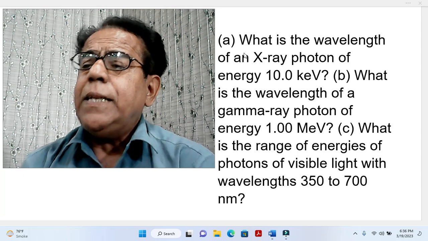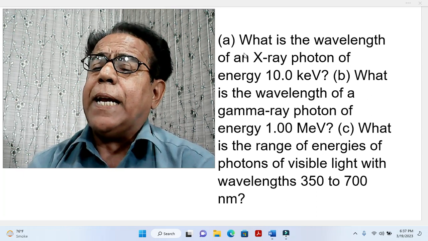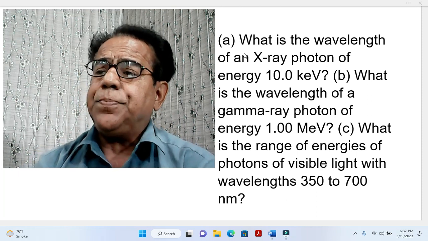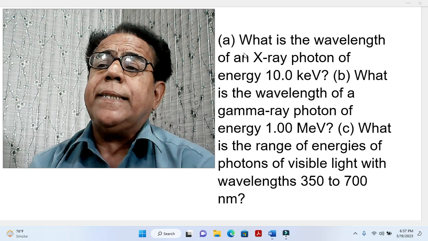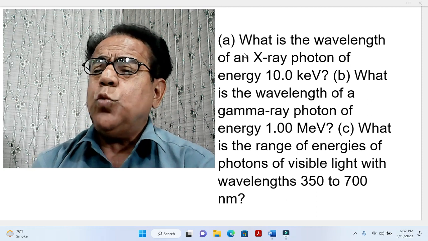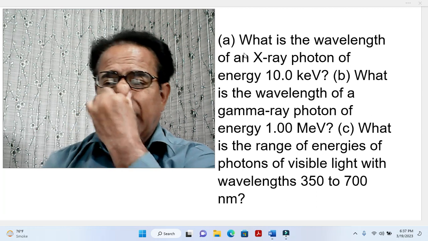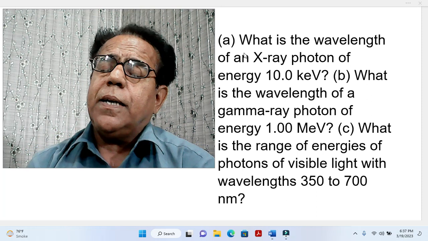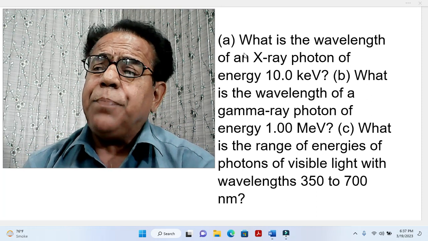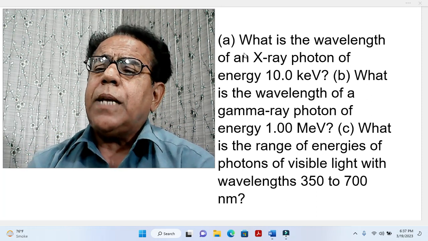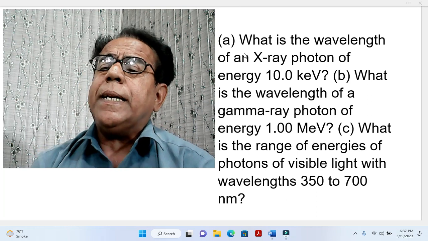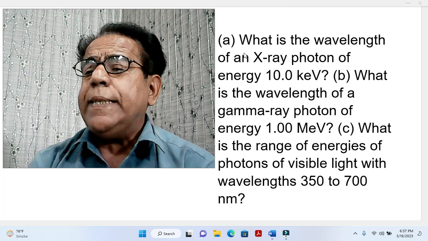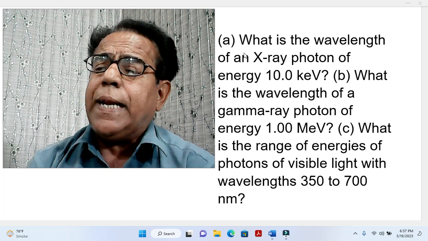However, part C is that what is the range of energies of photons of visible light with wavelengths 350 and 700 nanometer. Here wavelengths are given and we have to calculate energies. We can denote these two energies as E1 and E2, and we can denote these wavelengths as lambda 1 and lambda 2.